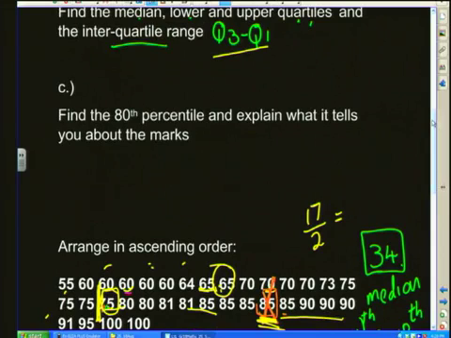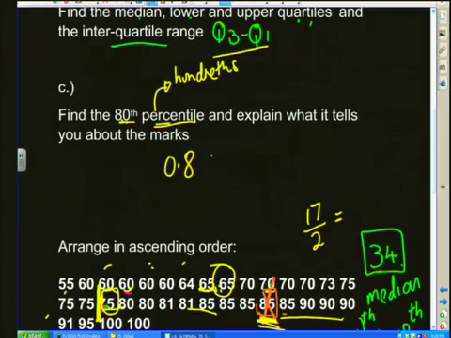They say find the 80th percentile and explain what it tells us about the marks. So your 80th percentile, remember, is dividing your data into hundredths, and therefore you get 99 percentiles. If I want the position of the 80th percentile, I simply take 80 divided by 100, which gives me 0.8, times the number of values in your data set.